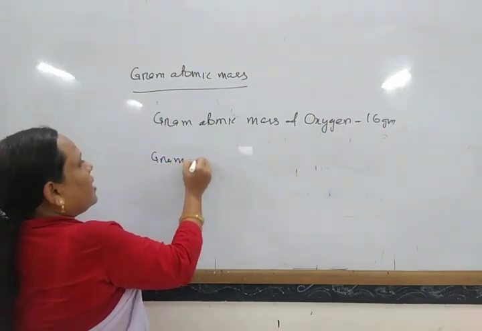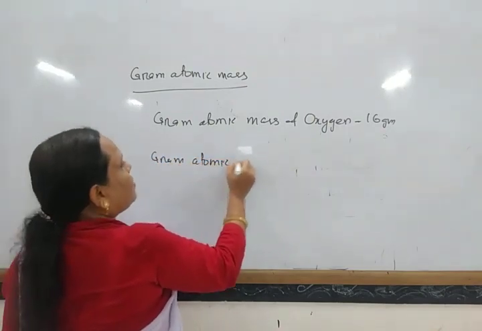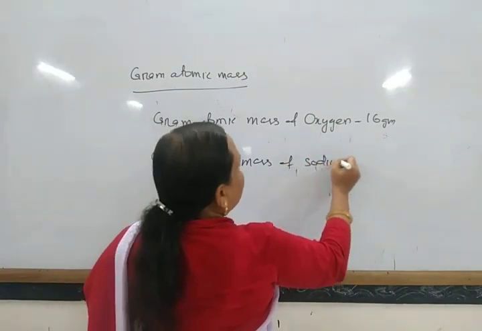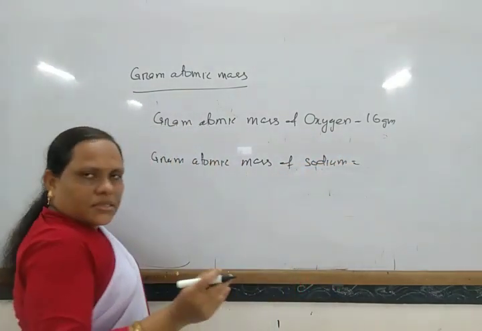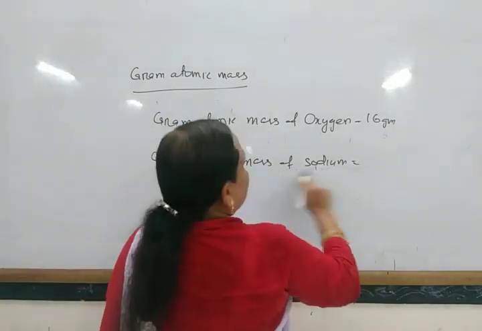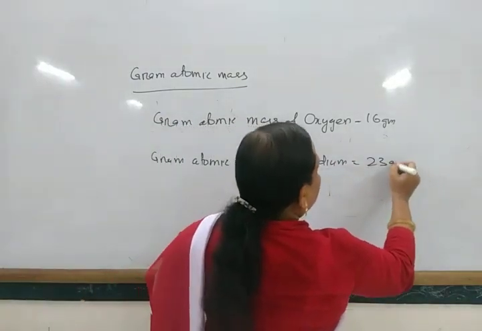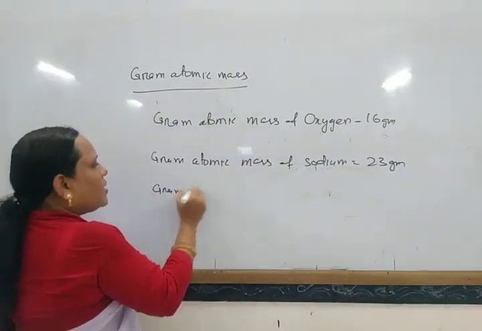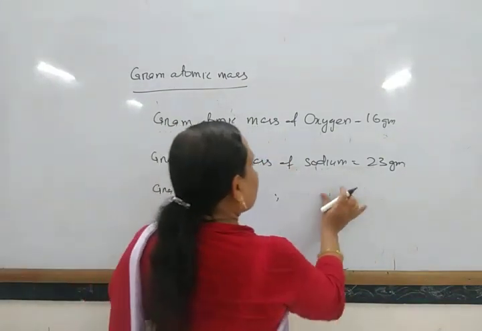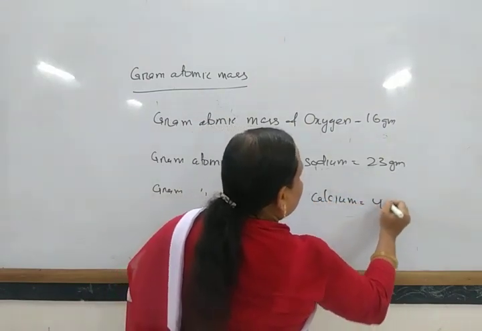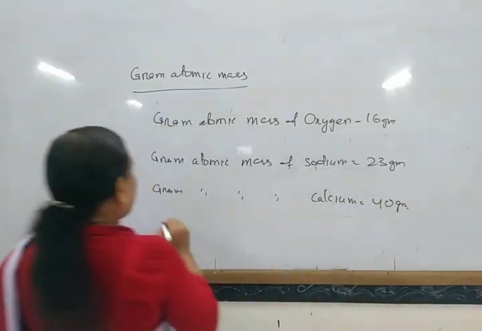Similarly, the atomic mass of sodium is 23 amu, so the gram atomic mass of sodium is 23 gram. The gram atomic mass of calcium is 40 gram.